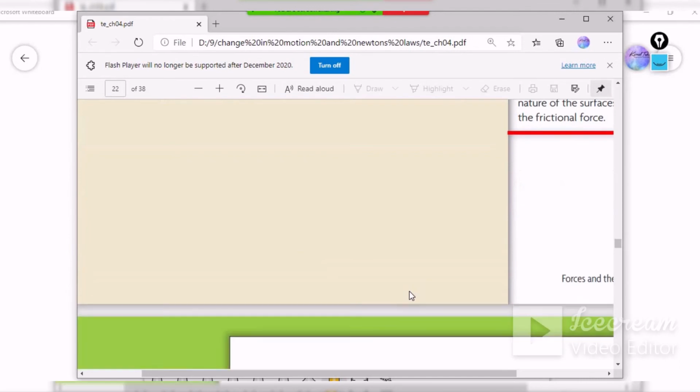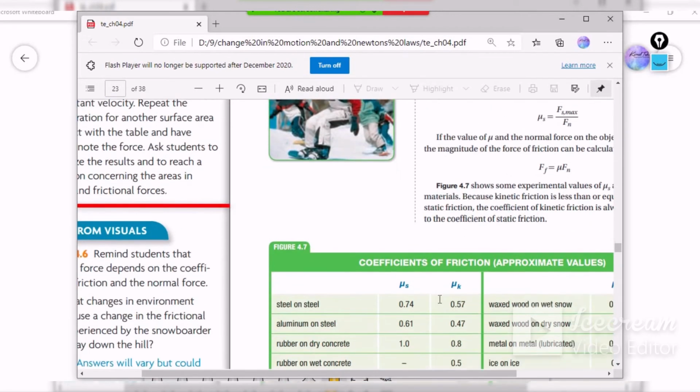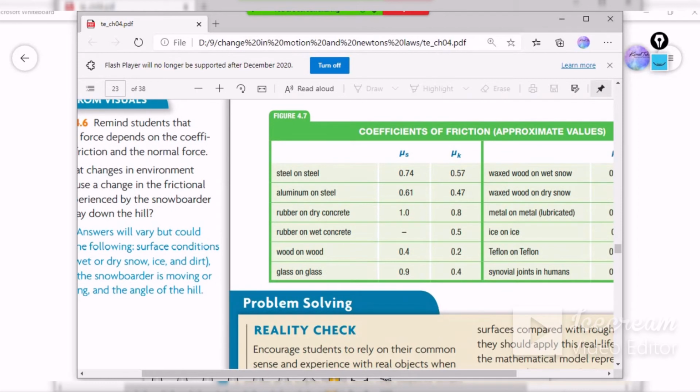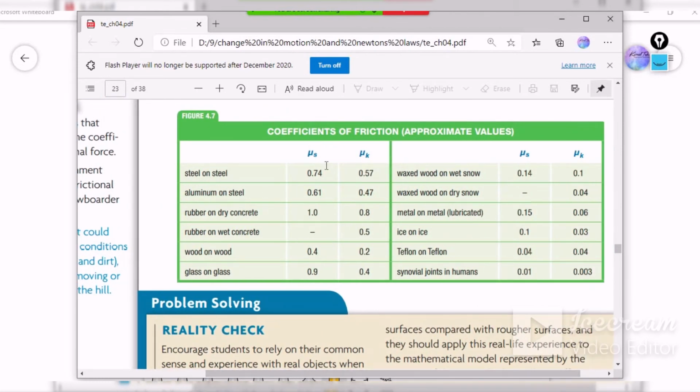Can you see that here? Steel with steel, for example. Now the coefficient of static friction will be like that. Can you see that, guys? Every time the kinetic coefficient of friction will be less than the static.